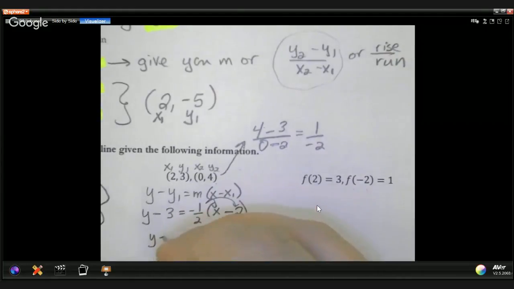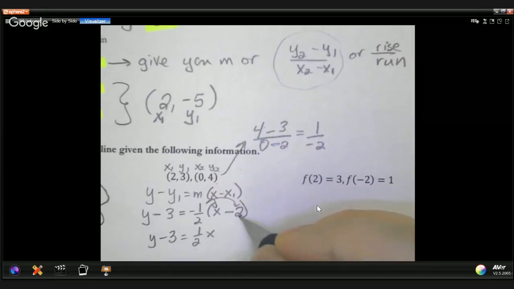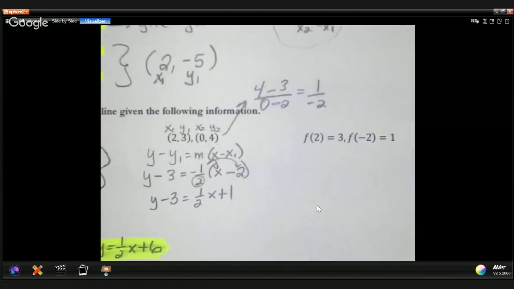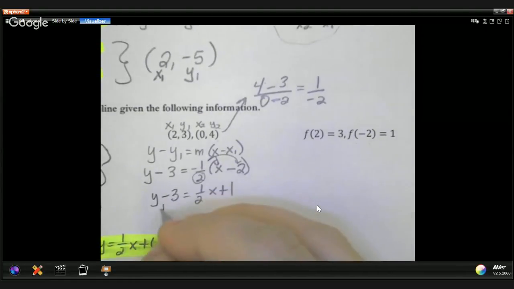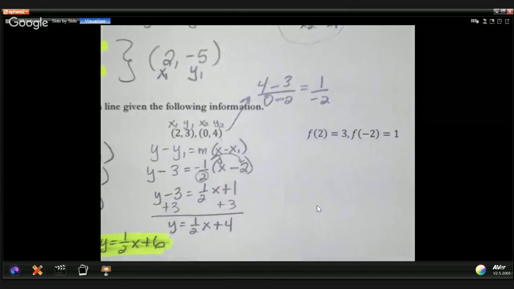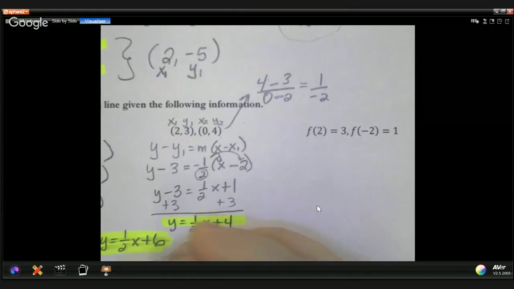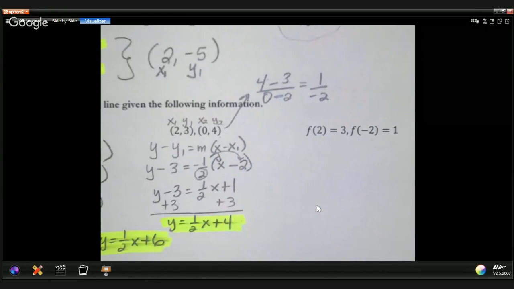So I get y minus 3 equals 1/2 x. -1 times -2 is a +2, divided by this 2 is a +1. And now I need to add 3 to both sides. So my answer is y equals 1/2 x plus 4. So again, what makes this problem a little harder is that you have that extra step of trying to find the slope.